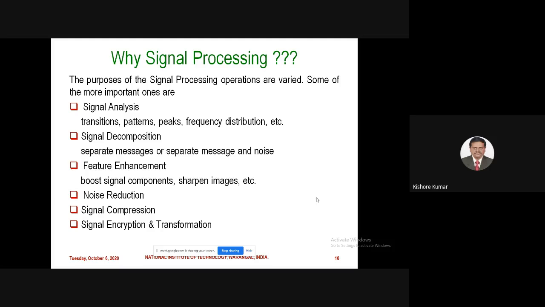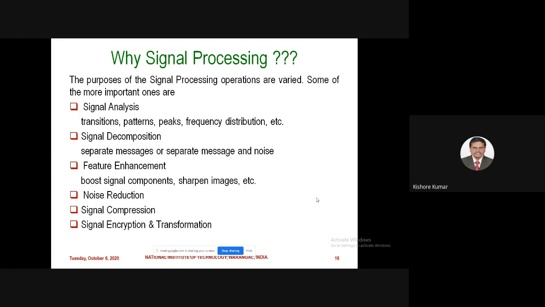If you want to remove the noise, I need to decompose the signal. So decomposition is a very, very important criterion. That's why everybody nowadays is talking about machine learning and artificial intelligence techniques. What is the use of machine learning techniques in signal processing?